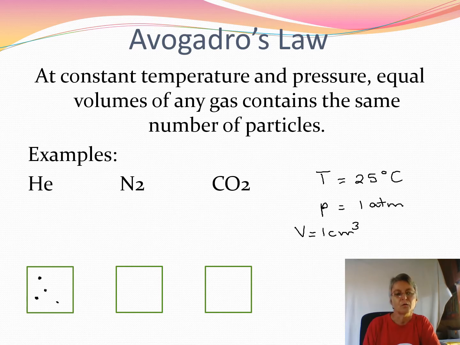Now in 1 cubic centimeter at pressure 1 and temperature 25 degrees Celsius, let's say we've got 8 of these atoms in that volume. Then for the nitrogen, we will also have 8 molecules, and with carbon dioxide, we will have 8 molecules of carbon dioxide.